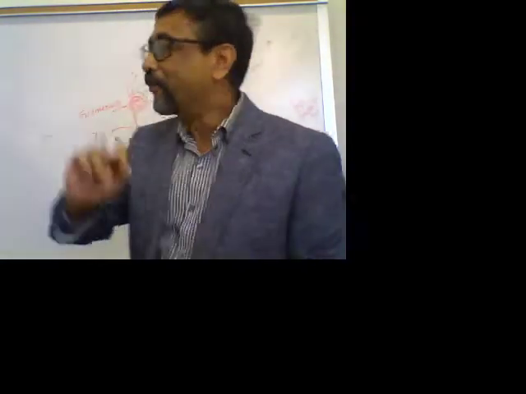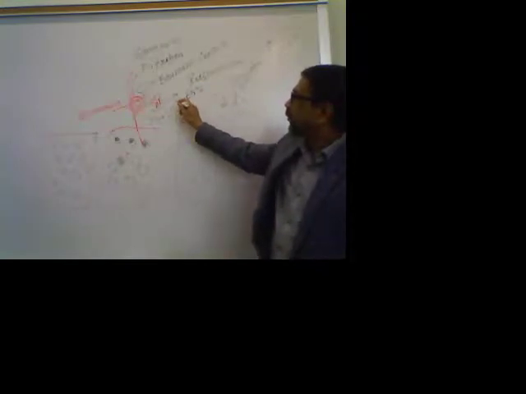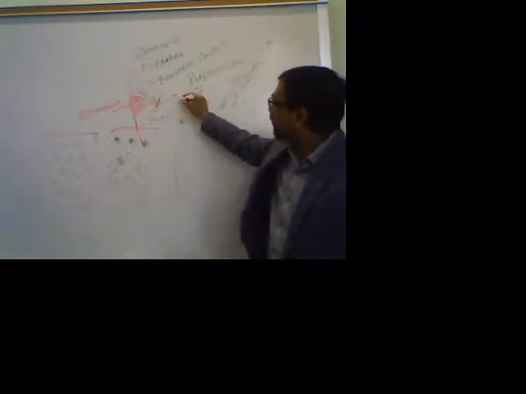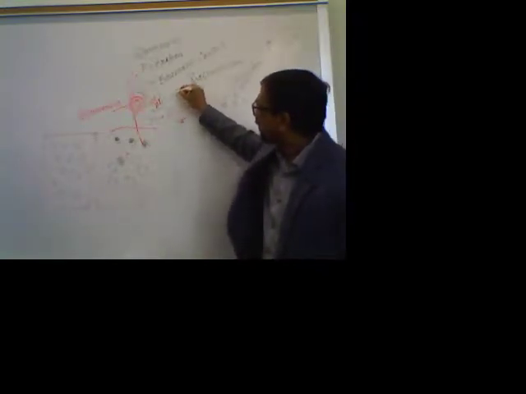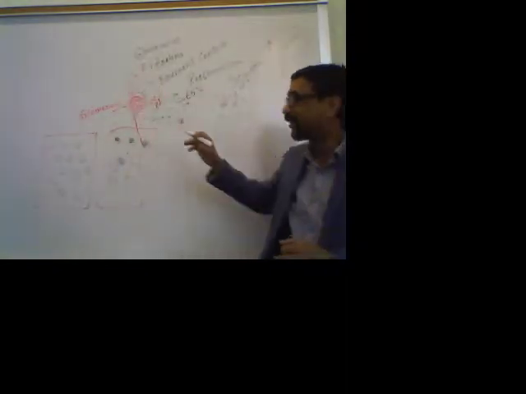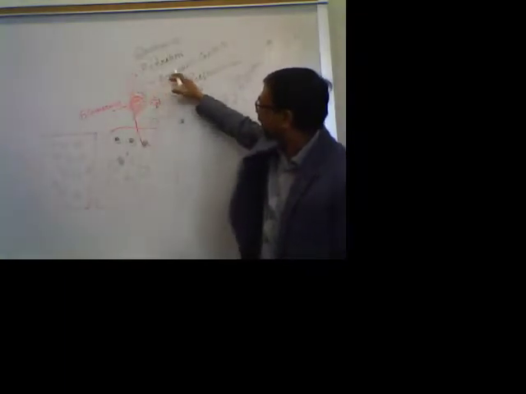Understand this? Okay. Now, in the proximal convoluted tubule, 65% of everything, water as well as the other solids, will proportionately get out.